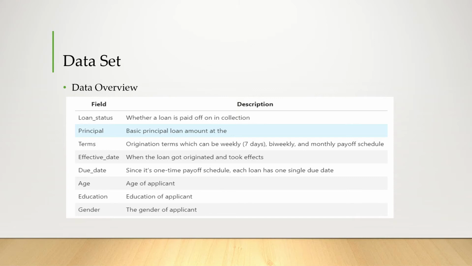The 7 input variables we are using for predictions are principal, terms, effective date, loan due date, age of the applicant, education level of our applicant, and the gender of our applicant.